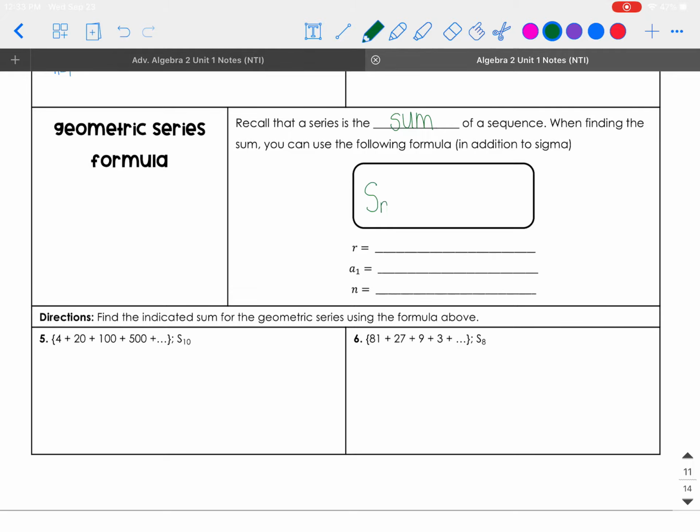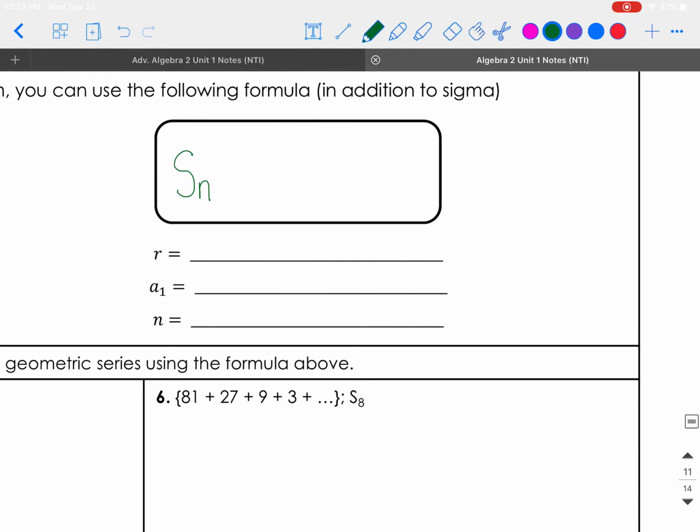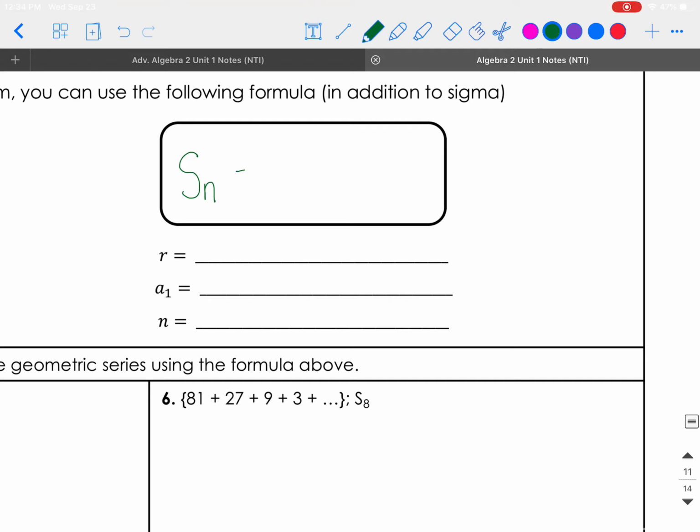So S sub n, so that means the sum of, n would be a number. If I told you to find the sum of the first 8 terms, you would have an 8 there for n. The big S stands for the sum of however many terms we have. Equals, that's a big fraction. It's not as scary as it looks.